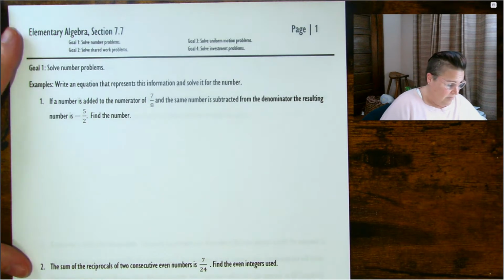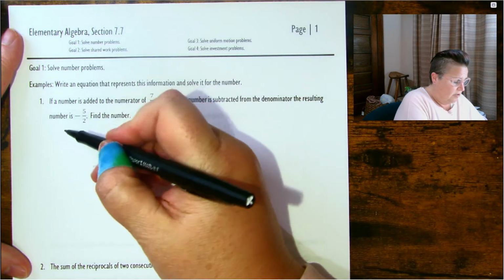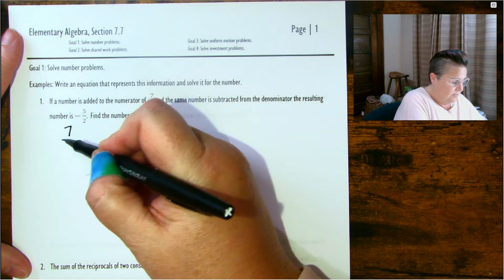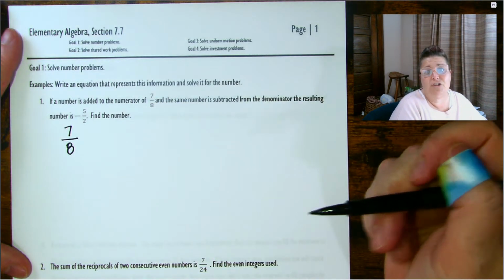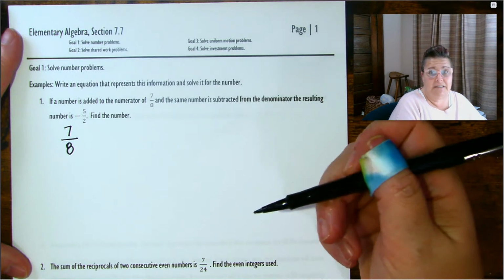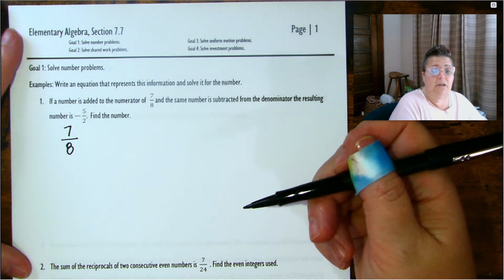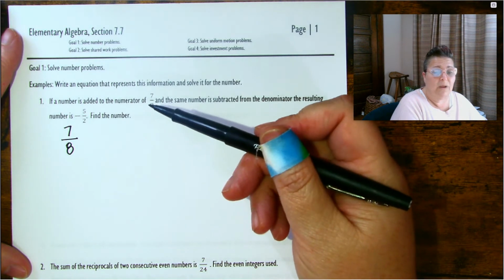So if a number is added to the numerator of 7/8 and the same number is subtracted from the denominator. I'm going to look at this fraction, which is 7/8. 7/8 has a numerator and a denominator. The numerator is the top number. The denominator is the bottom number. I'm going to add some unknown value to the numerator.